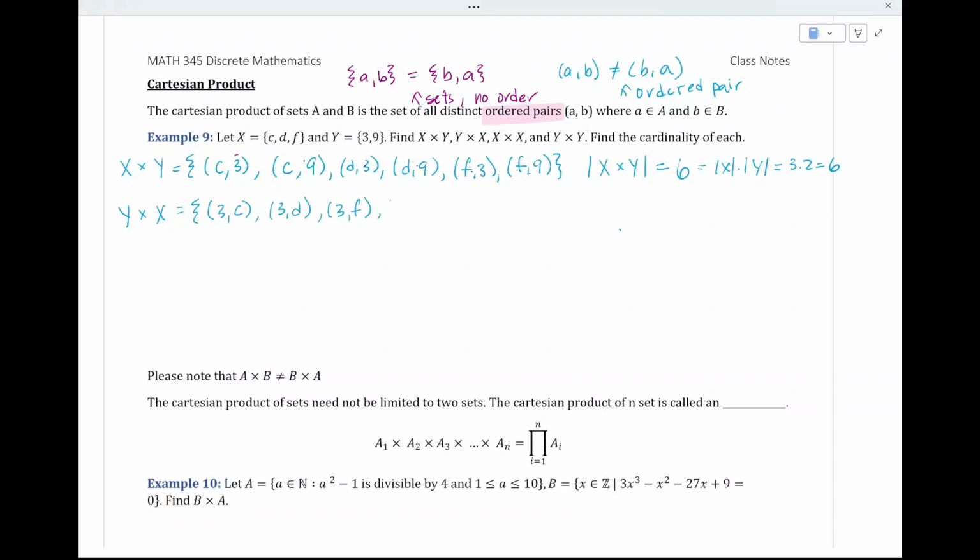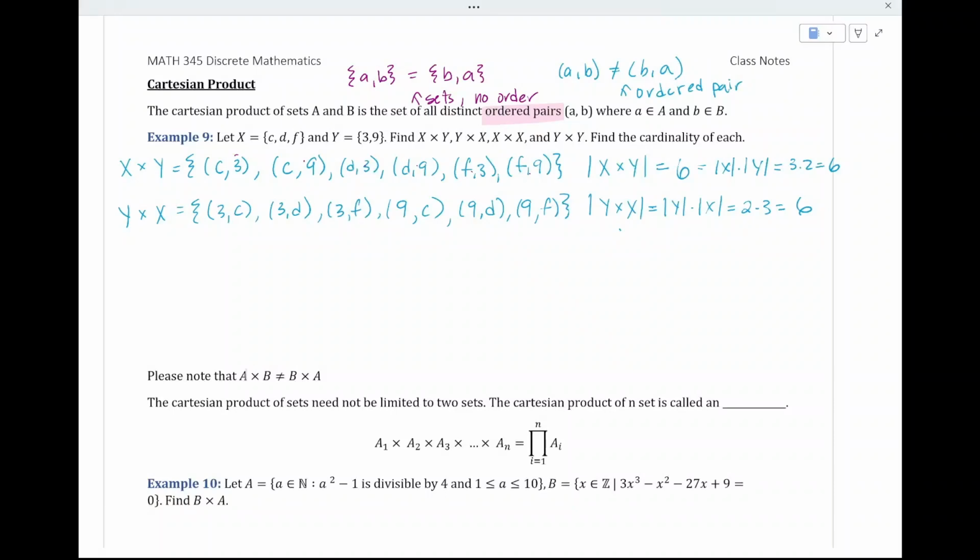And now we're ready to move on to 9: (9, C), (9, D), and (9, F). And I think that's it. The cardinality of Y cross X is the cardinality of Y times the cardinality of X, which is 2 times 3, which is also 6. So even though X cross Y and Y cross X have different elements, they have the same cardinality.